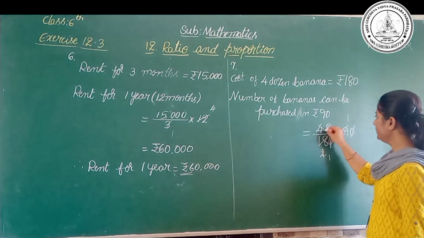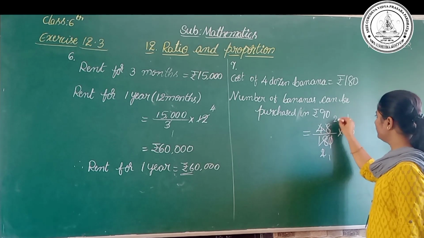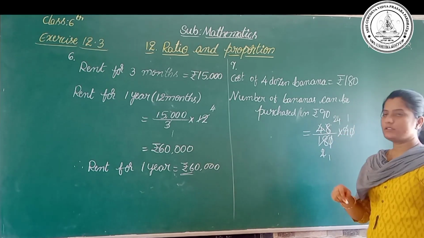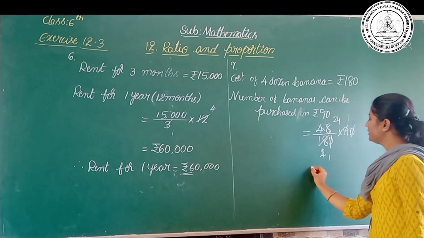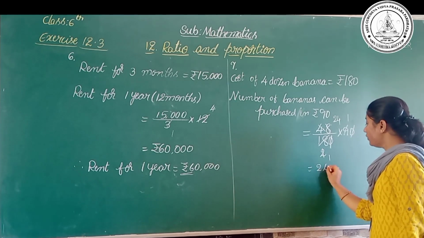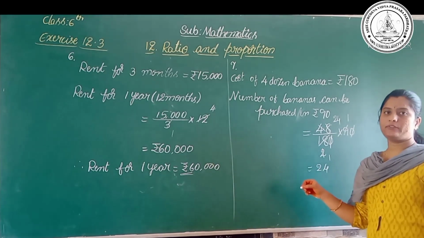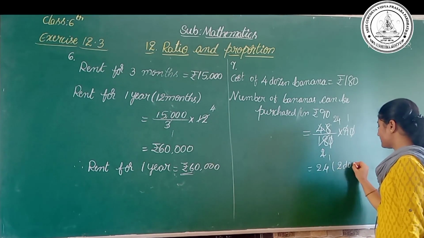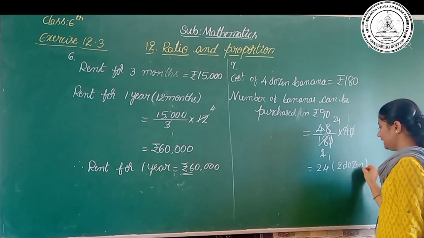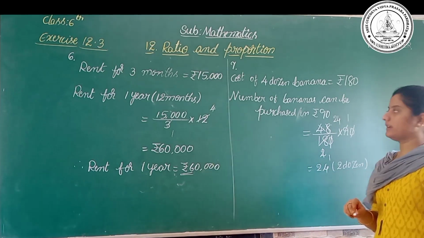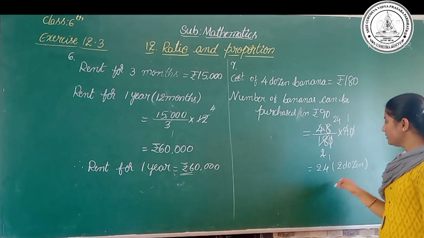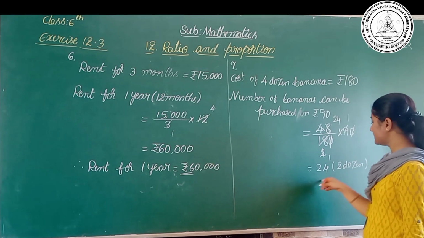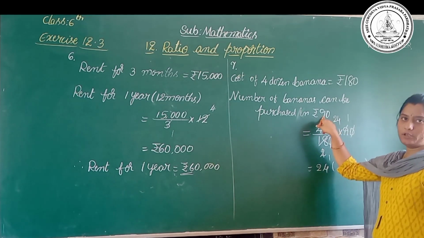1 twos are 2, 2 twos are 4, and 2 fours are 8. So here 24, 1 twenty-four. 24 means it is 2 times 12. So we can say that it is 2 dozen bananas. Therefore we can purchase 2 dozen bananas in 90 rupees.